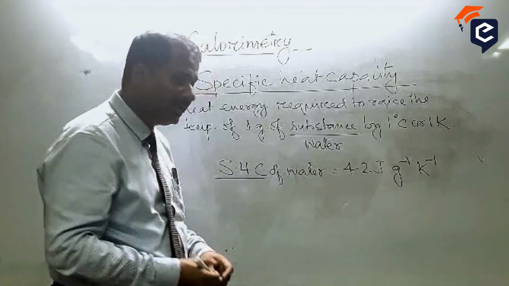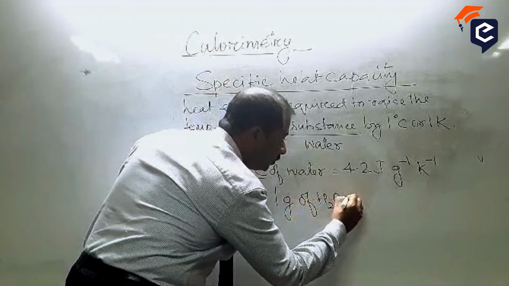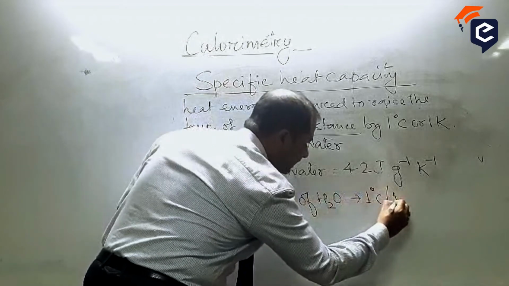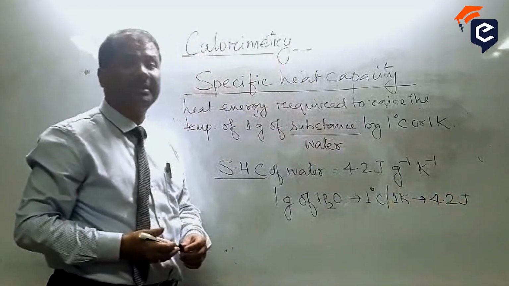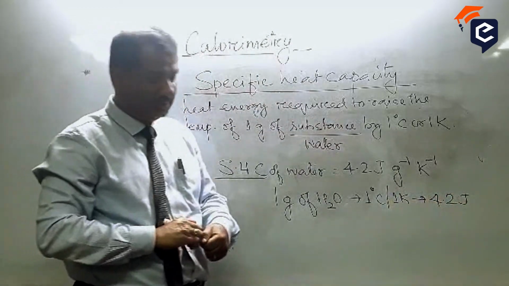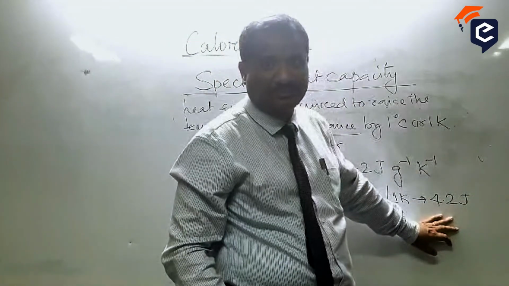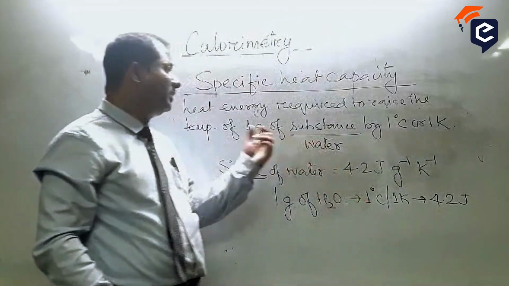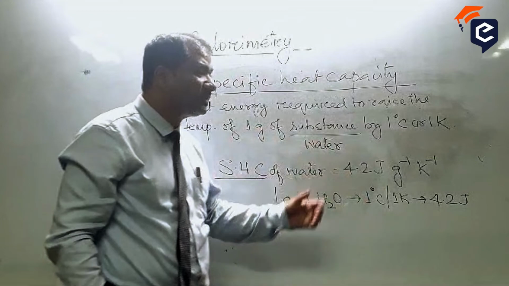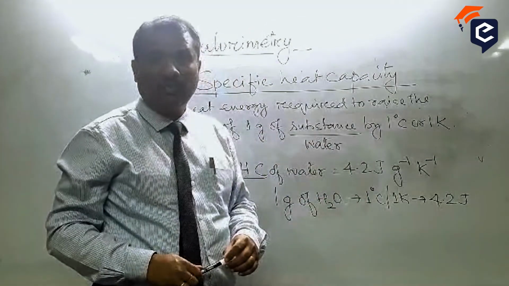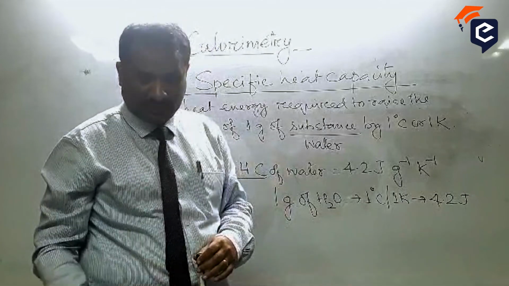This means that if I need to raise 1 gram of water by 1 degree Celsius or 1 Kelvin, I need to supply 4.2 joules of energy. What energy? Heat energy. This number looks small, but it's huge. That's the reason why water is said to have high specific heat, and we use it in our car radiators, we use it in fermentation. There are many other applications, right?